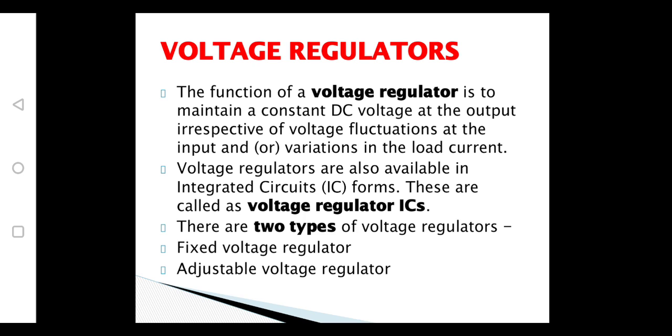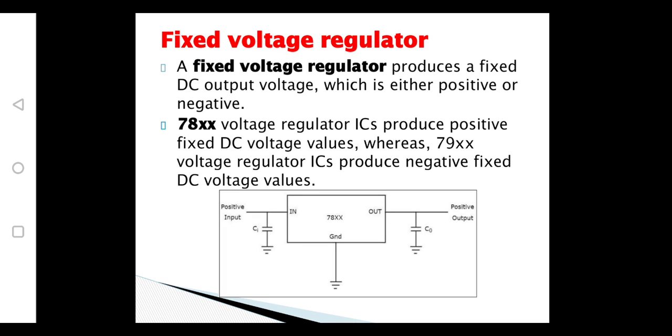Let us discuss what is meant by a fixed voltage regulator. The name itself indicates the output is fixed. That output may be either a positive value or a negative value. These are available in IC form.